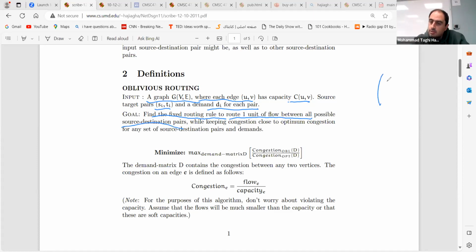Again, how many pairs do we have? N choose 2. And you want to keep congestion close to the optimum congestion for any set of source-destination pairs. So what is the idea? This is actually something very practical, because there are several network routing algorithms.